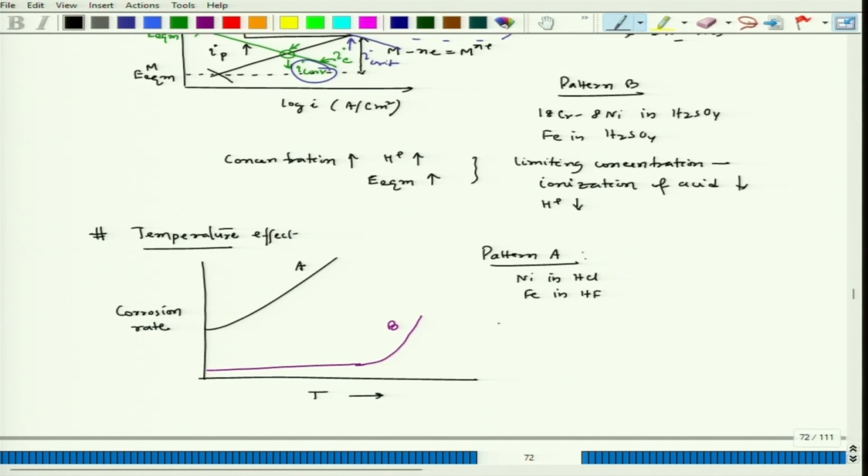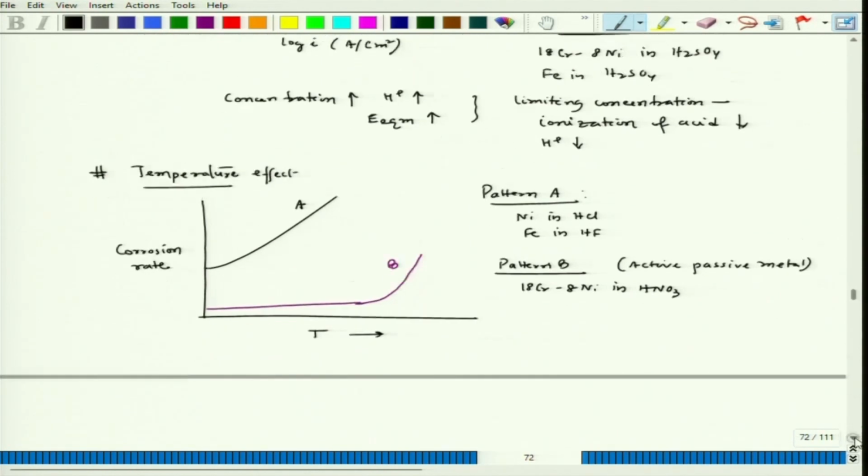Now, pattern B can be observed in case of active passive metal. Let us say 18-8 stainless steel in HNO3.